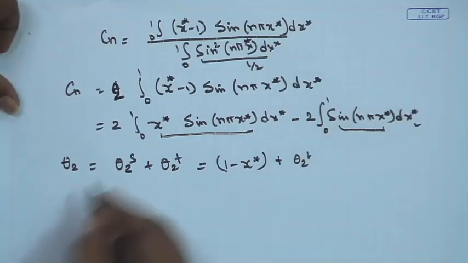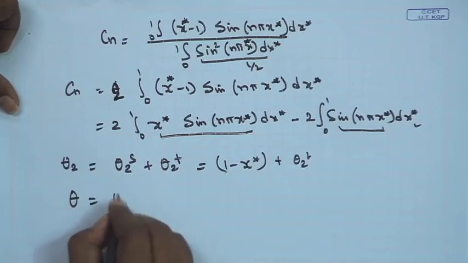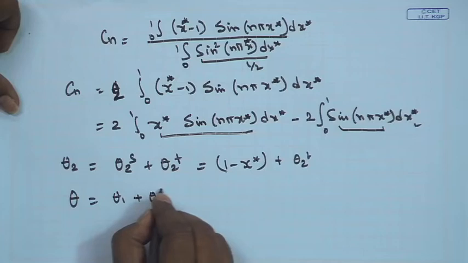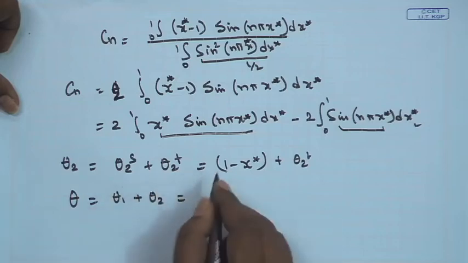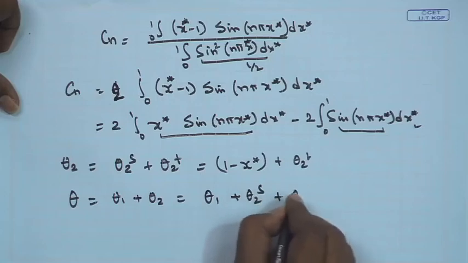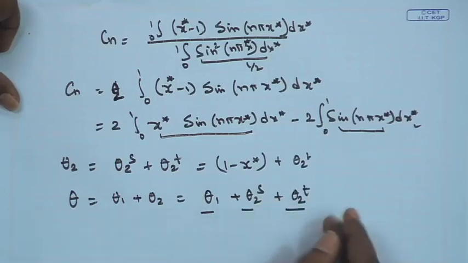So the complete solution of the overall problem becomes theta equal to theta 1 plus theta 2, where theta 2 is theta 2s plus theta 2t. If we add up all the subparts, that gives the complete solution of a practical problem in a two-dimensional parabolic partial differential equation.